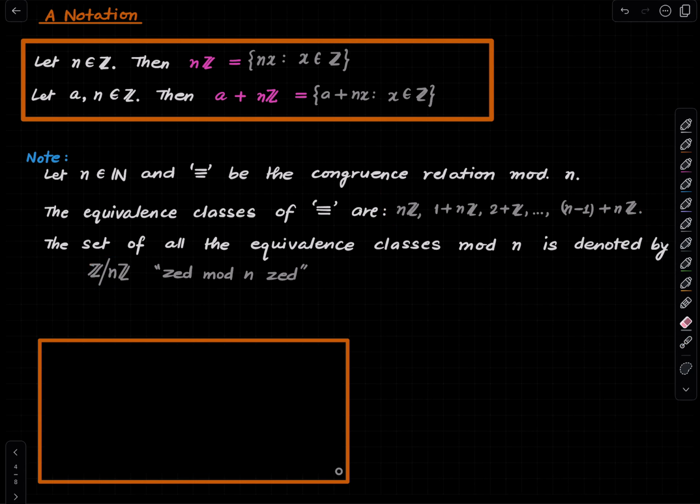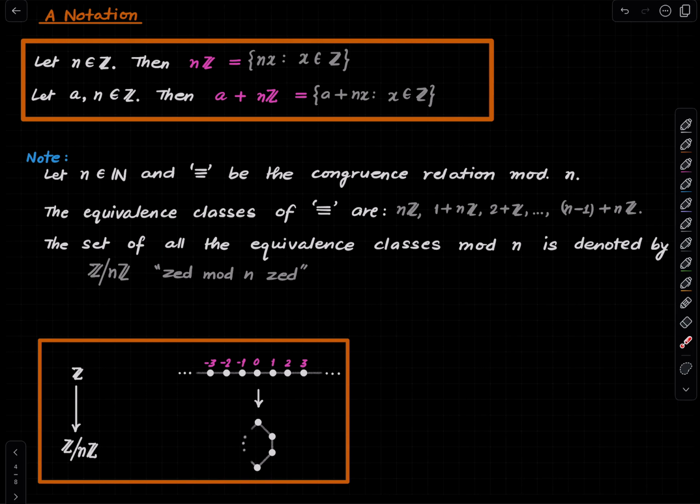Okay, and let me also maybe draw a picture here just to suggest some geometric or visual way to keep in mind. We had the set of all the integers, which we usually imagine arranged in a line. And once you introduce the congruence relation mod n and plot out all the equivalence classes, you can think that they are now arranged in a circle, right?